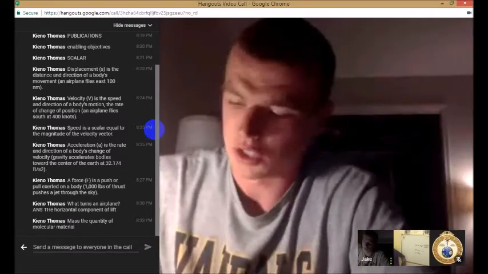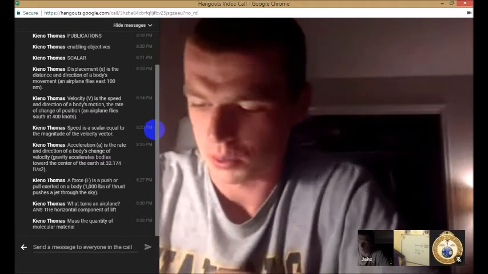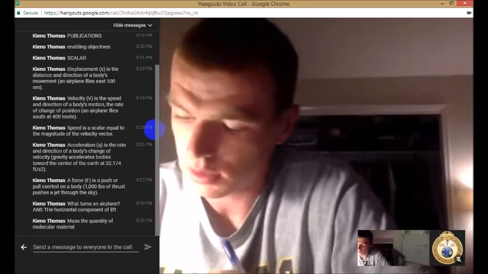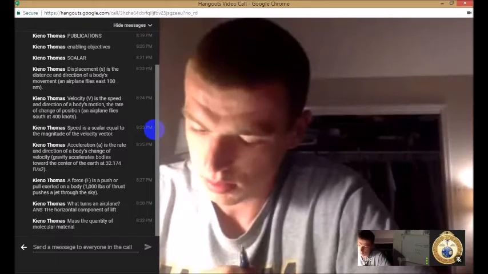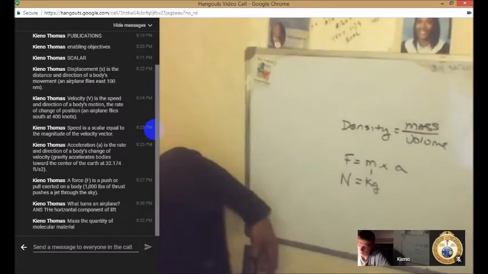And acceleration could be miles per hour per second, yes, if we're thinking about U.S. customary units and not international units. No, system international, SI units. In system international, it will be meters per second squared. In U.S. customary, it could be miles per hour per second. It could be feet per second squared.